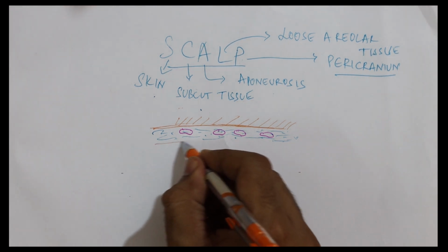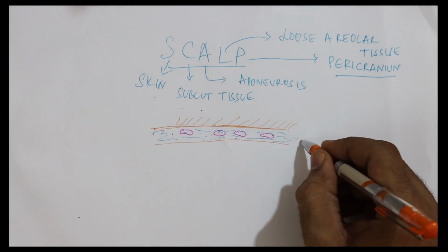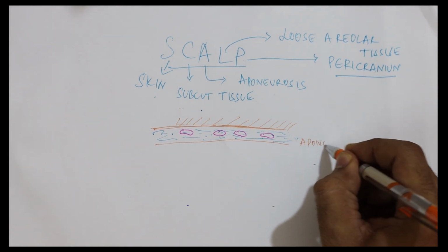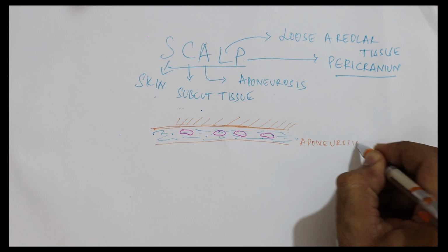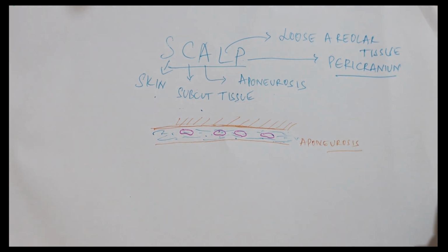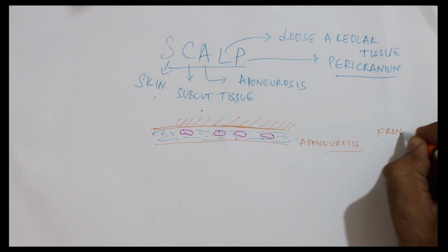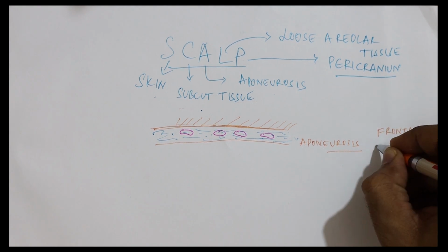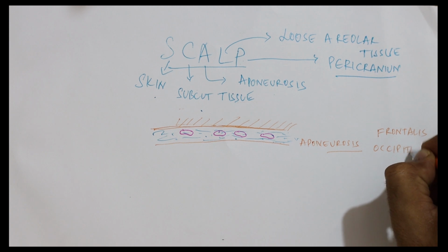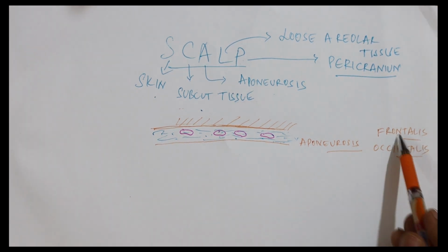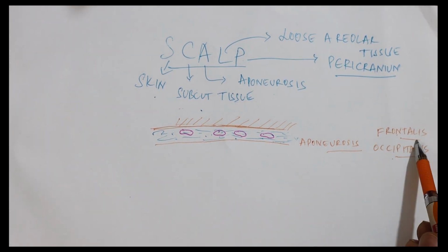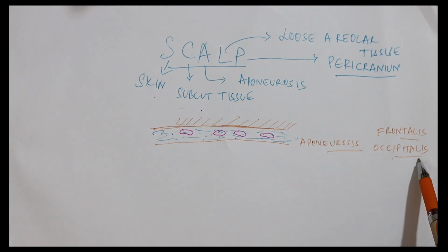So there will be a layer of aponeurosis, and this layer also contains 2 muscles called the frontalis and the occipitalis, depending upon which region it is present. Frontalis is present in the anterior part, occipitalis is present in the posterior part.